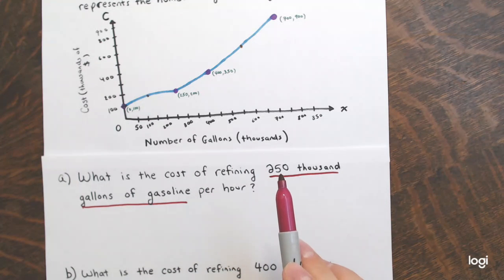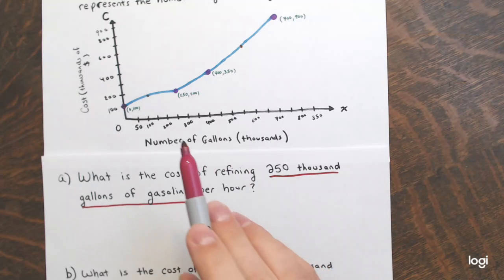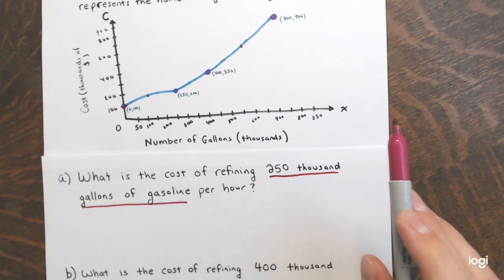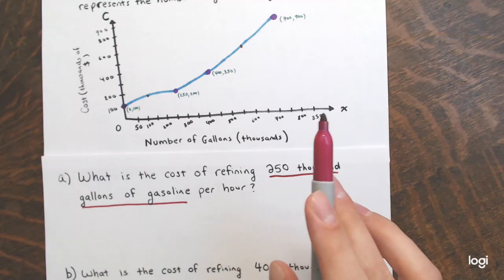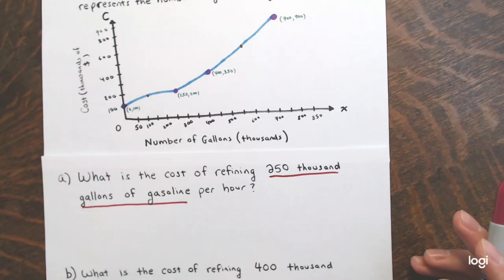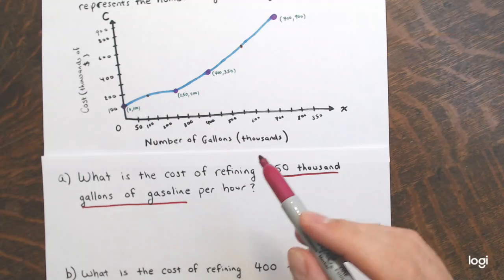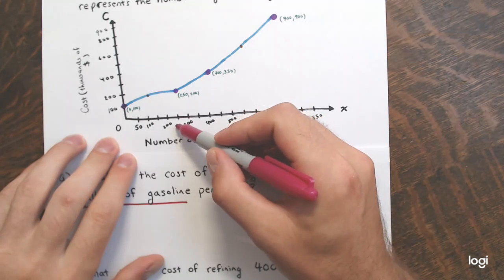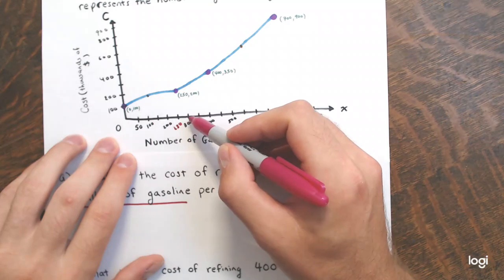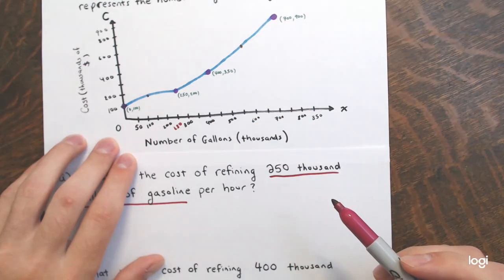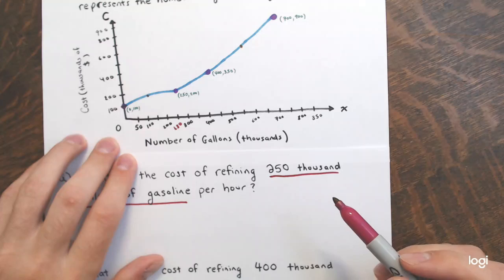Now people tend to make a mistake here and say, oh, I go out to 250,000, but that's way out there. No. Remember, every number on the horizontal axis represents thousands of gallons. So I'd go to the 250, which would be here. Every marking on the horizontal axis is a consistent 50 units apart.